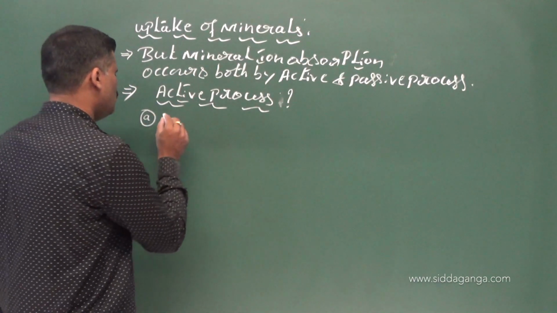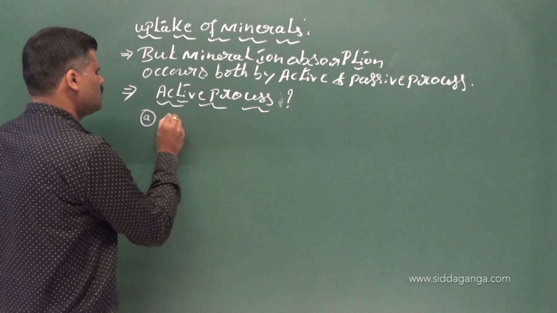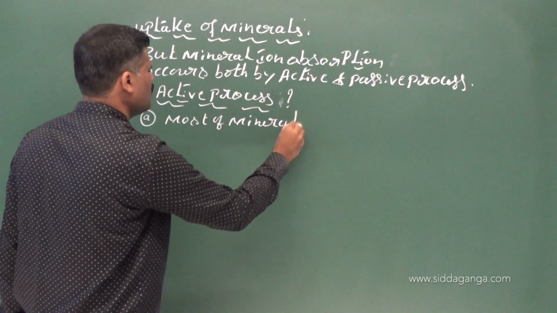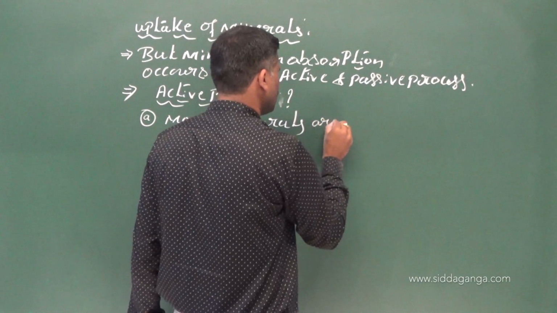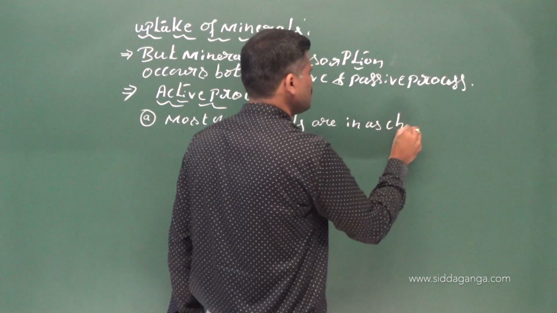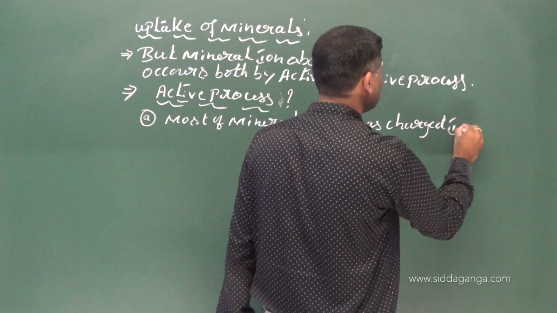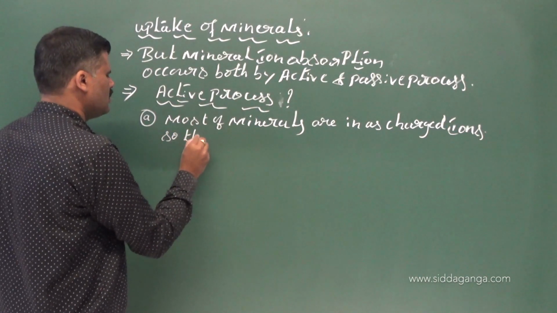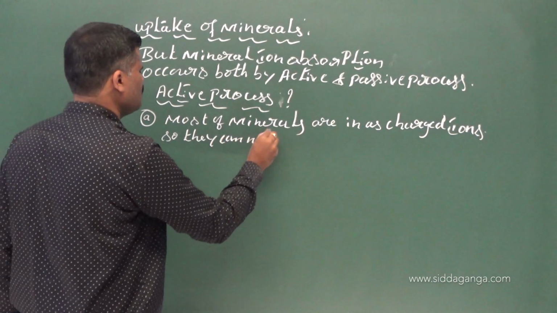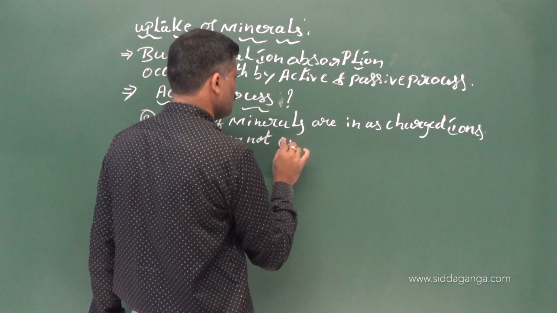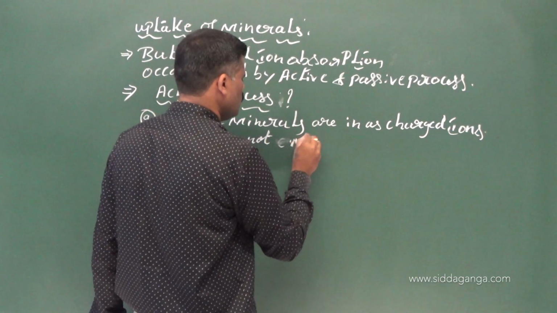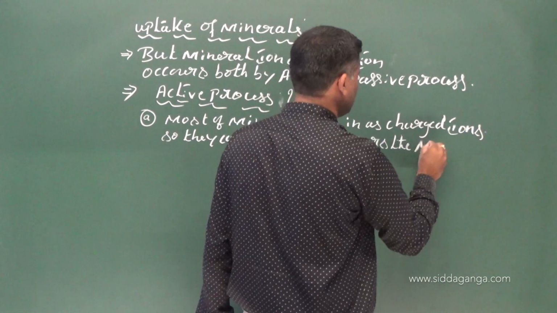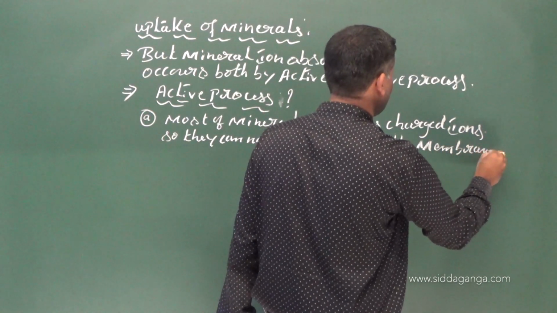So the question, why? Because the reason, most of the minerals are in the form of charged ions, so they cannot cross or they cannot move across the membrane, meaning the plasma membrane of the cell.